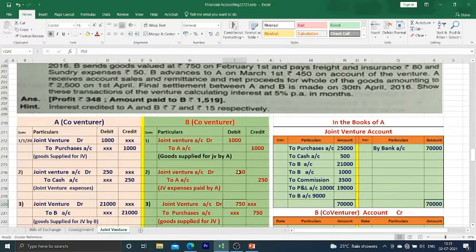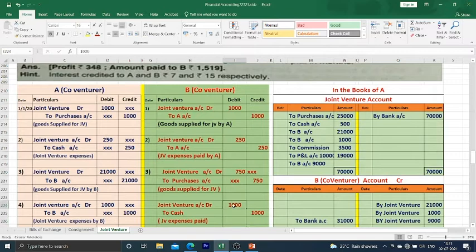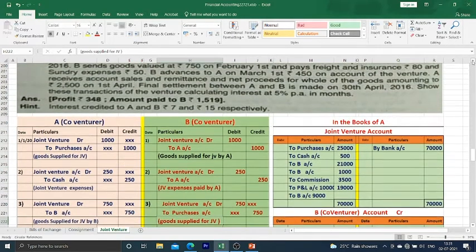Joint venture account to cash 130. Here also joint venture to B account 750, joint venture to B account 130. These transactions are on February 1st. Okay, next, goods sold.